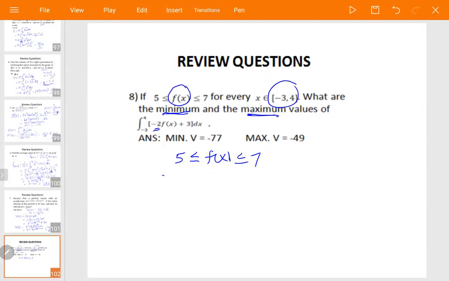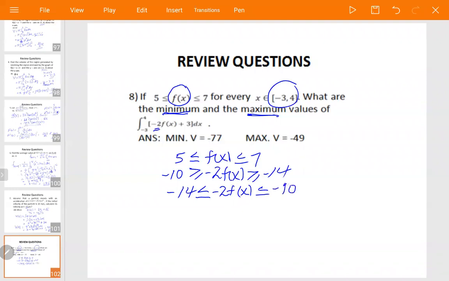By negative 2, it is negative 10. Less than or equal to becomes greater than or equal to: negative 2 f of x is greater than or equal to negative 14. Or we can write it as negative 14 is less than or equal to negative 2 f of x, and that is less than or equal to negative 10. Now let me add 3. Plus 3 is negative 11.